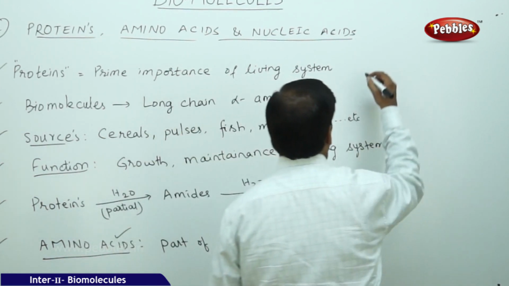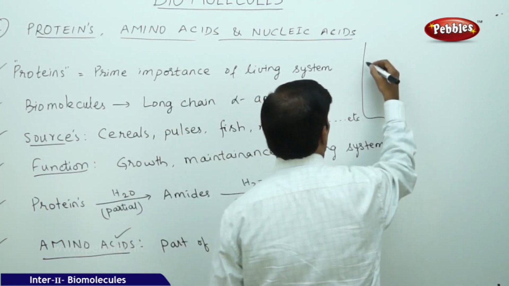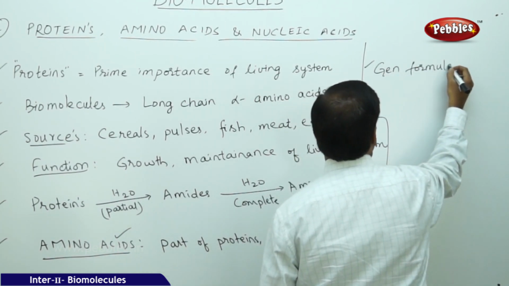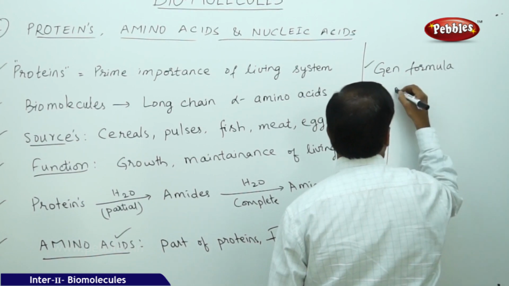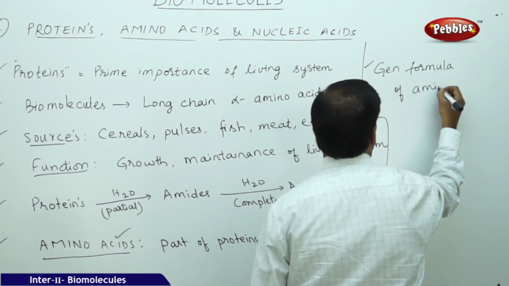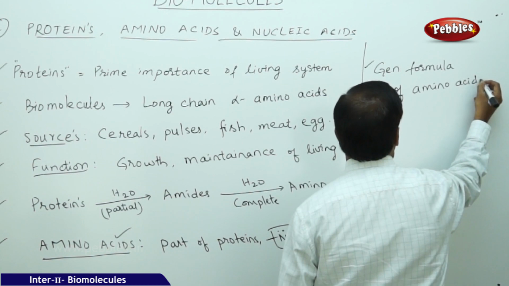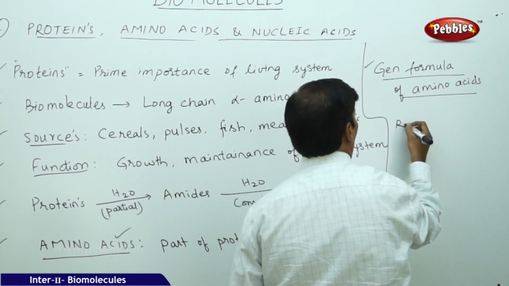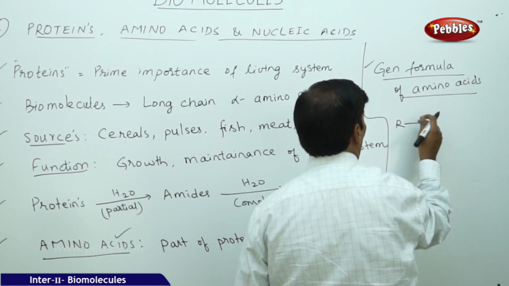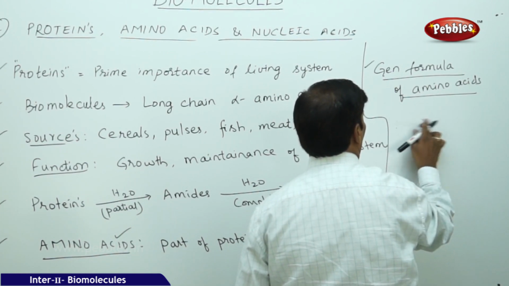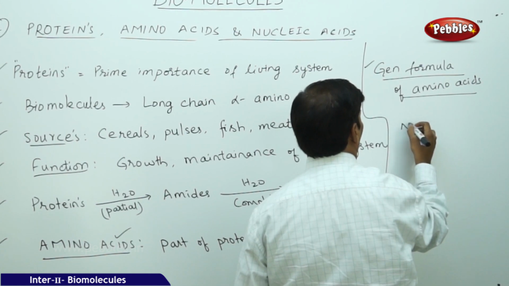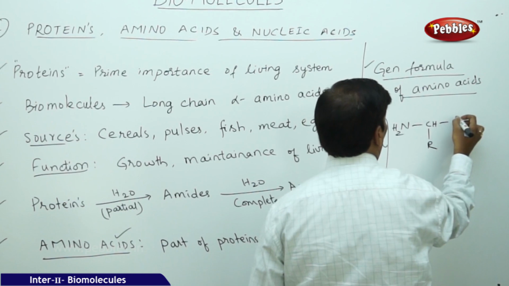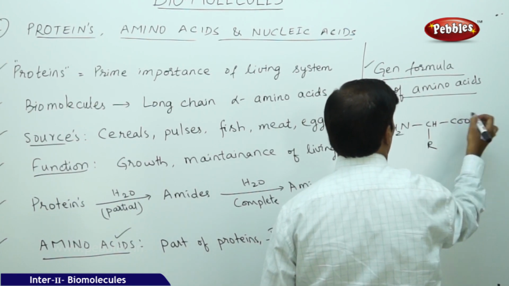If you go to the general formula of amino acids, you can take R, or else you can just start with NH2 CH(R) COOH.